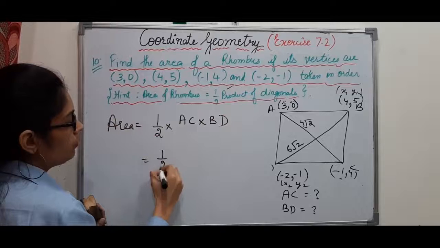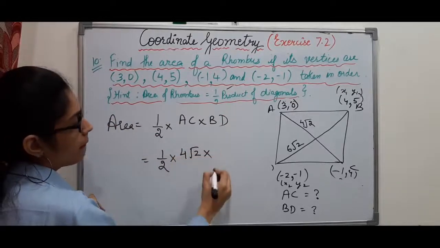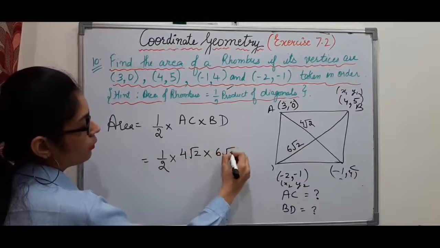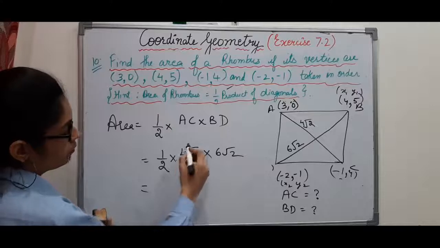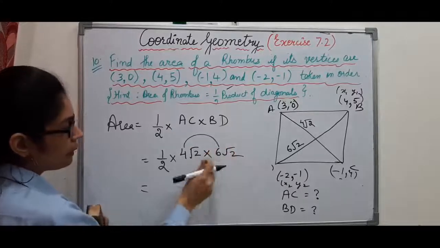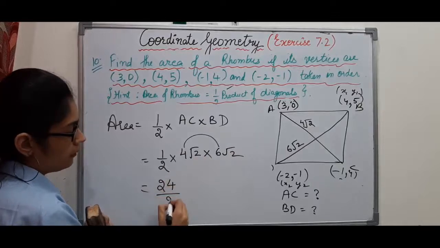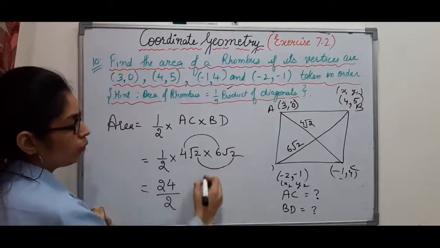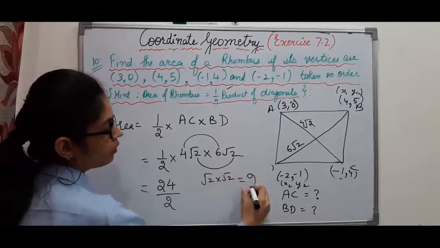So half into AC, 4 root 2, BD it is 6 root 2. So 4 into 6 will be 24 by 2. This root 2 and root 2, whenever you are multiplying root 2 into root 2, it will change to 2.